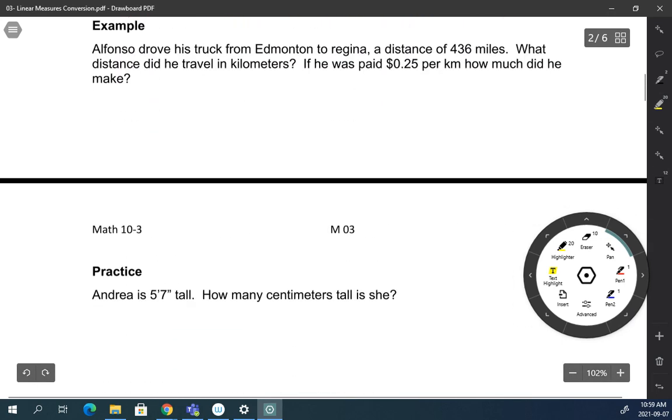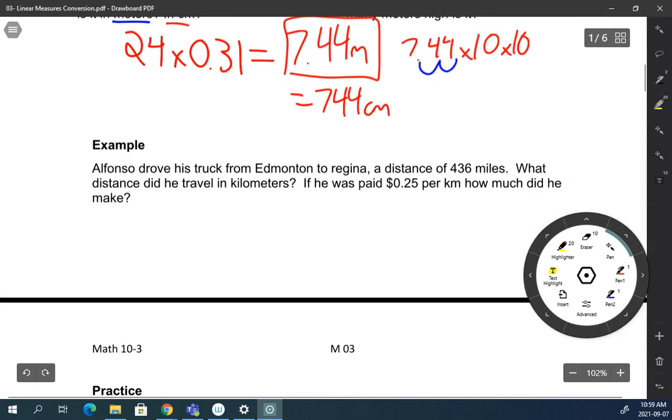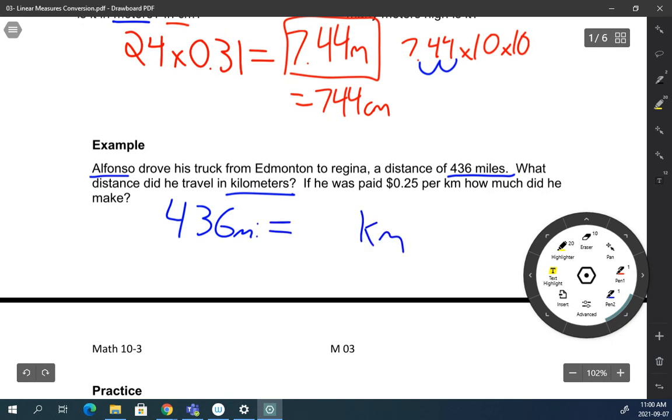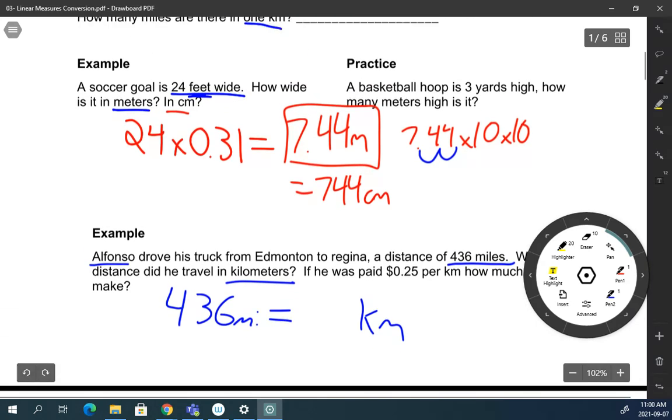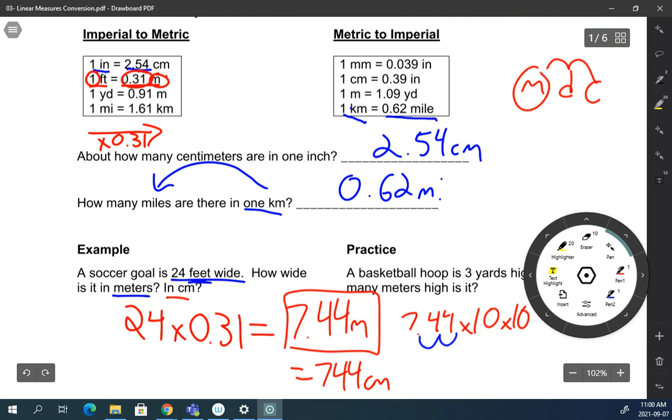Let's do this example here. Alfonso drove his truck from Edmonton to Regina, a distance of 436 miles. What distance did he travel in kilometers? We're starting with 436 miles and we want to know how much that is in kilometers. We go to our formula sheet, or use this one up here.